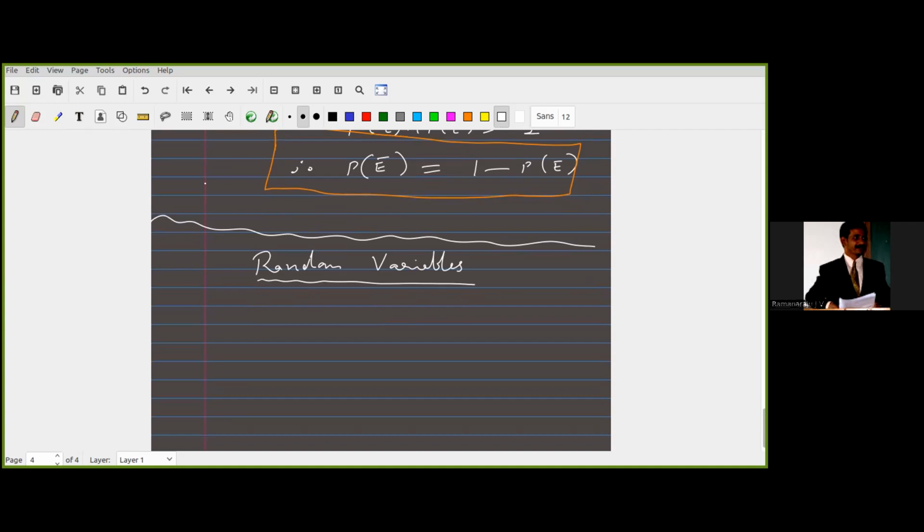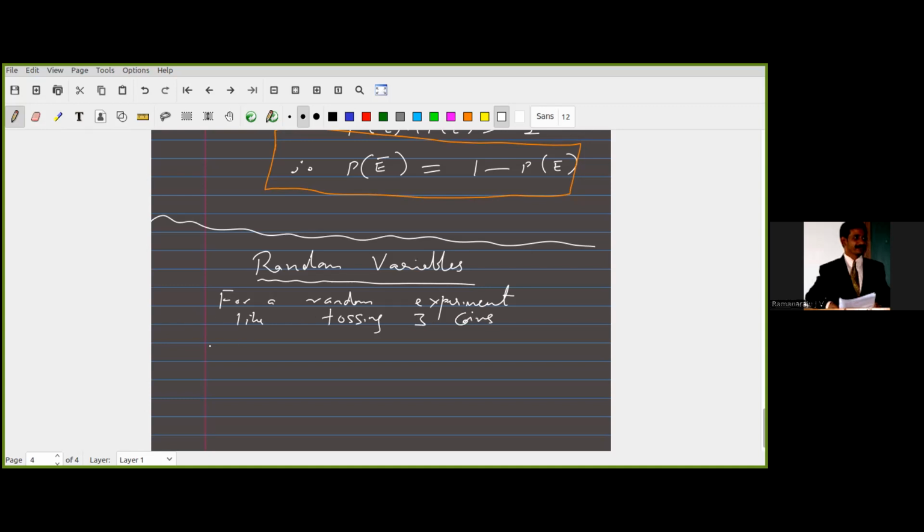So these are very important in the sense that in the question bank you have several questions like this. For a random experiment, like let's say tossing 3 coins, we can develop a random variable.